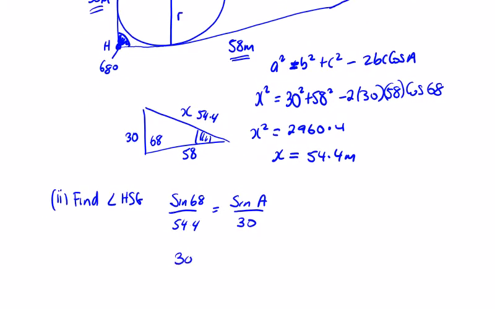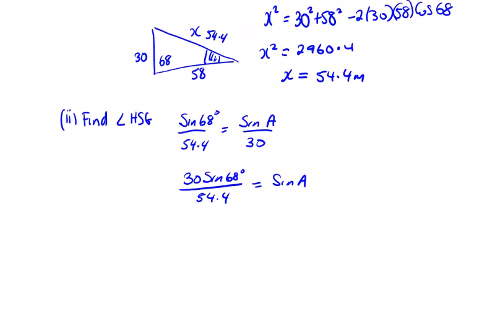So 30 times the sine of 68, divided by 54.4, is equal to sine A. We type that into our calculator, and the inverse sine gives us 0.85, so the angle is 30.75 degrees.